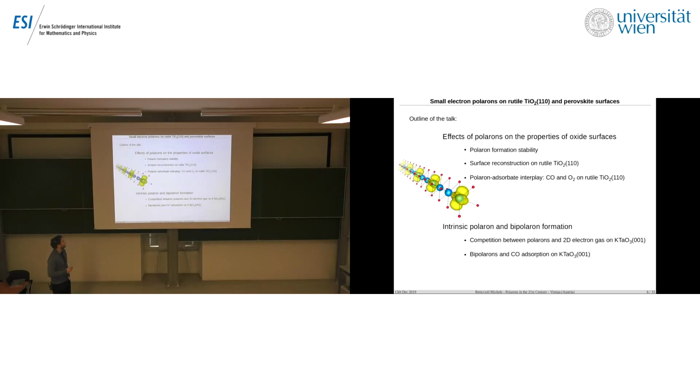In particular, I'm talking about polaron formation in the rutile titanium dioxide surface, and two effects that polarons have on the surface: the surface structure and reconstruction, and the interaction with the adsorbate CO, as shown yesterday, but also molecular oxygen.